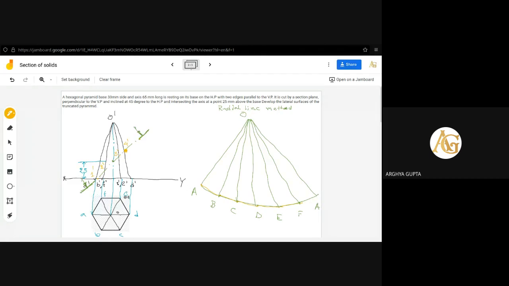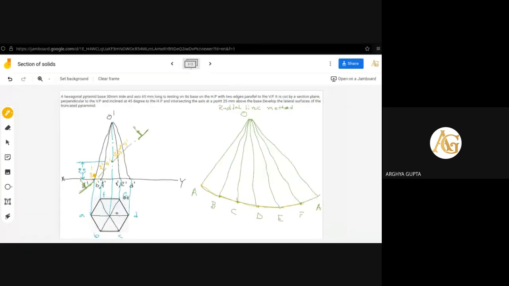Then here, this is the projection of C and E, so 2 points will be there. For 2 slant edges, 2 points will be there. Let us say this 5 dash, again for two slant edges we have 2 points, 6 dash, and in the base it also consists of two slant edges, both AB and AF. So 1 dash comma 7 dash.